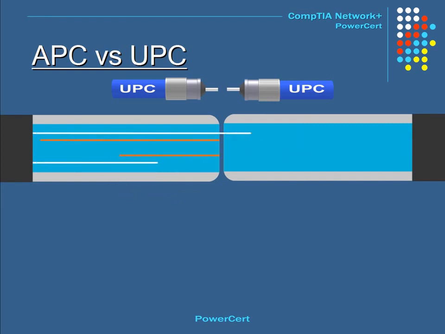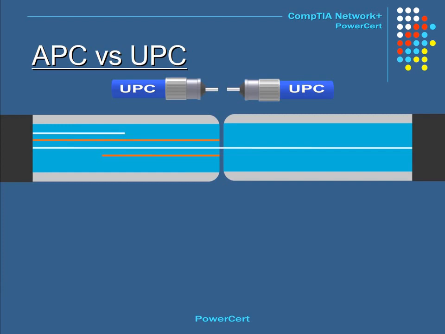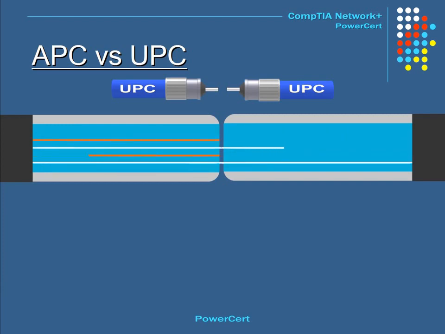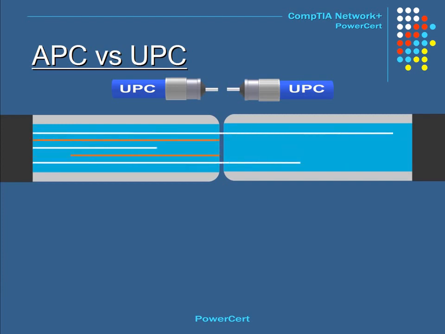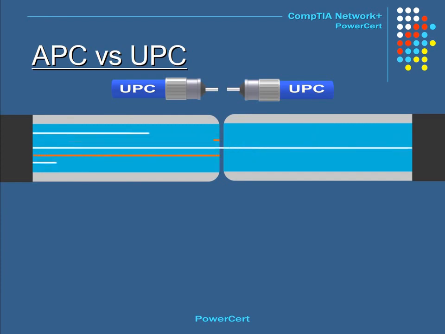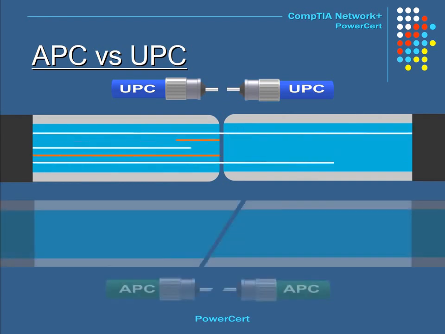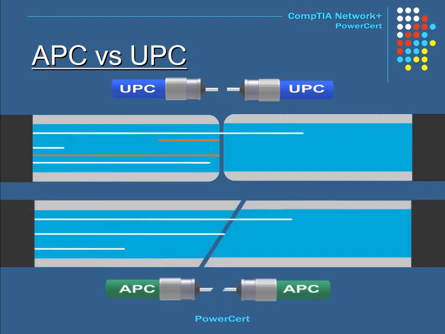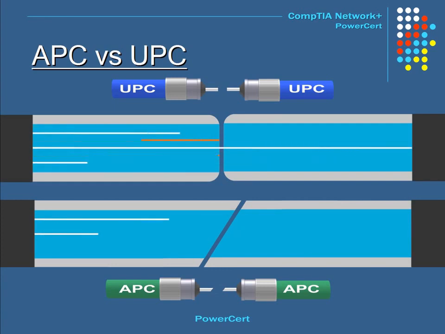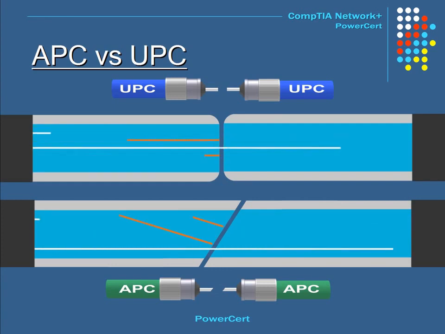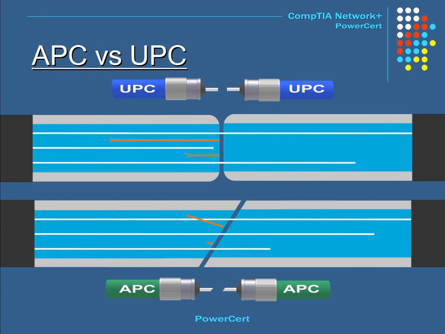This is what happens in a UPC connector. Light is reflected directly back. So as technology progressed, a new connector was developed to decrease this signal loss. And this is called the APC connector. The difference between the UPC and the APC is the angle of the tip where the connection is made.